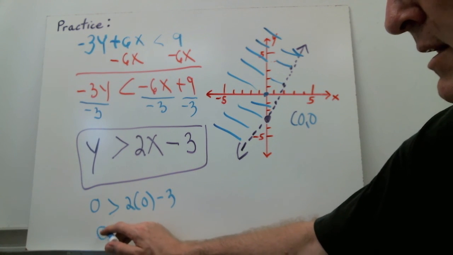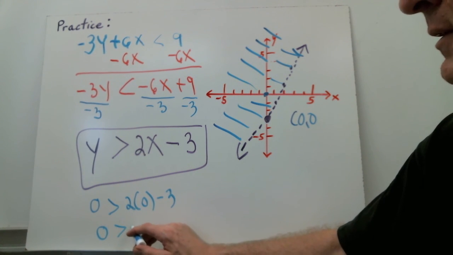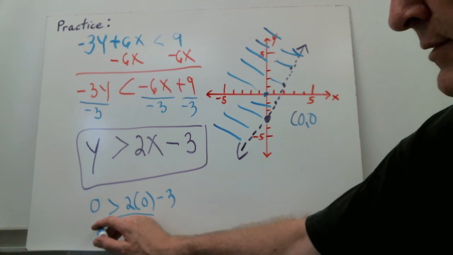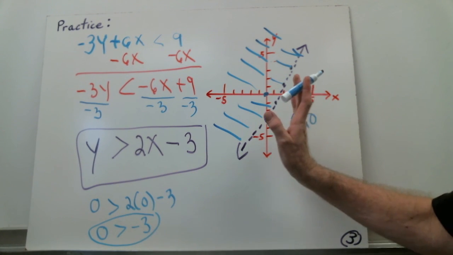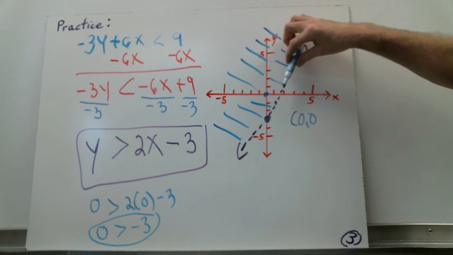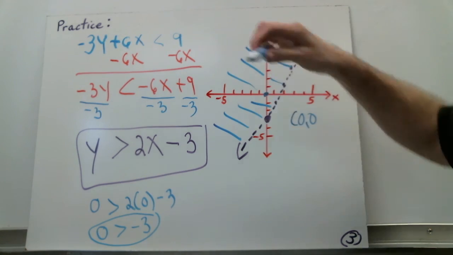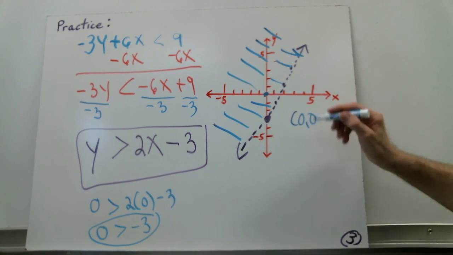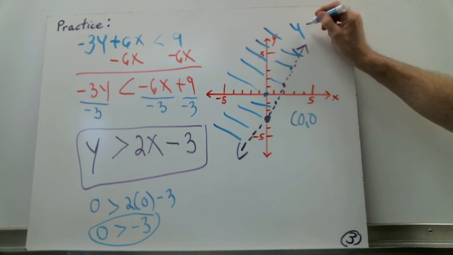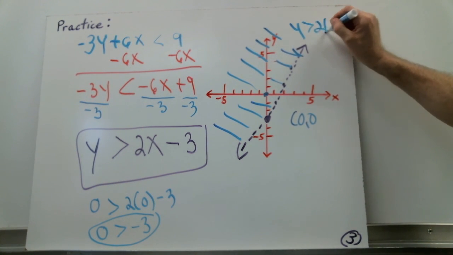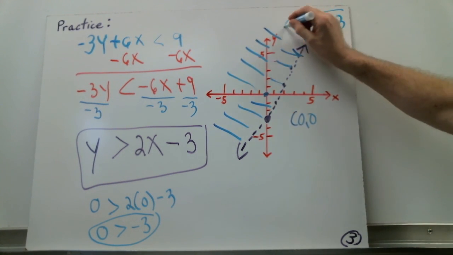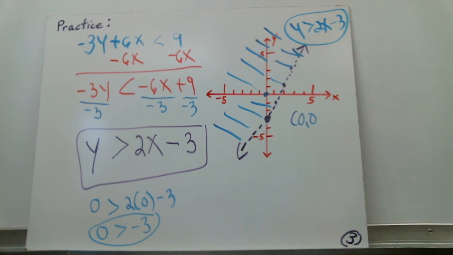So is 0 greater than negative 3? The answer is yes. So we're saying all of our solution set will be above the line of our graph. And this is the graph of y is greater than 2x minus 3.